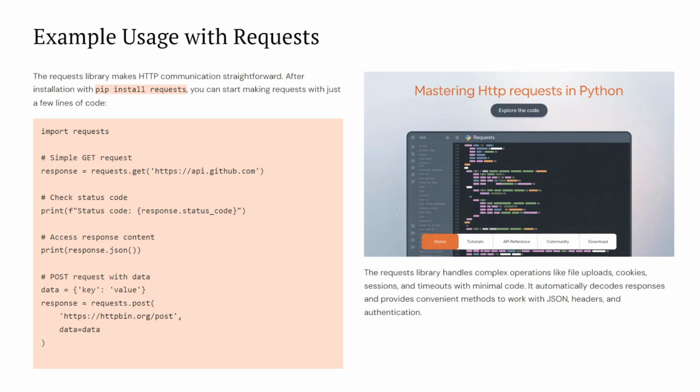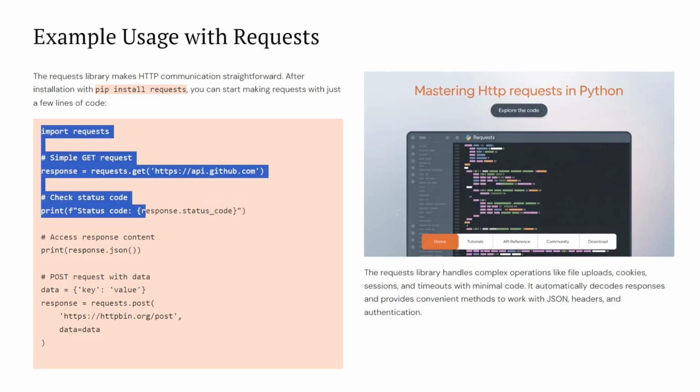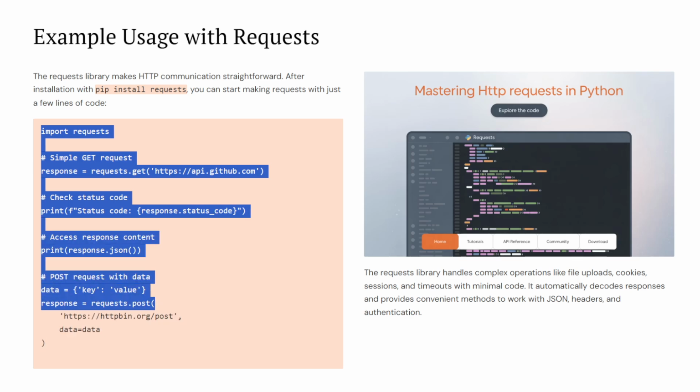So here are some blocks of code with examples where the requests library makes HTTP communication straightforward. After installation with pip install requests, you can start making requests with just a few lines of code. If you have VS Code, you can try out this code inside to see how it works and how it behaves.